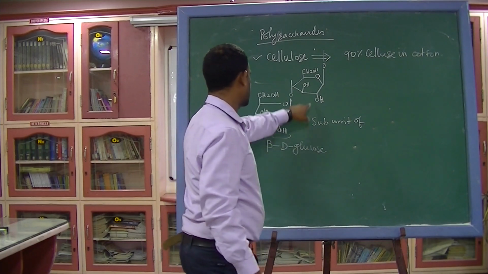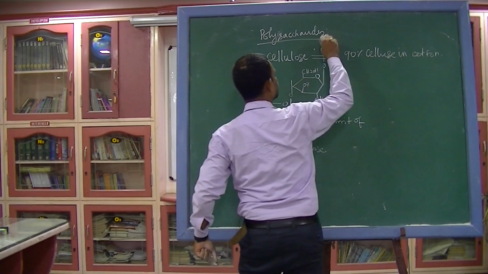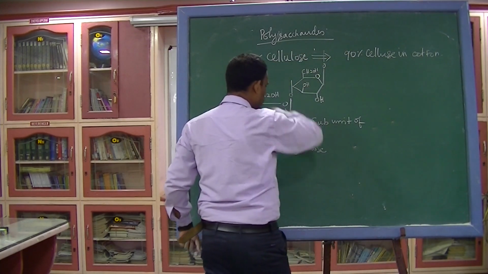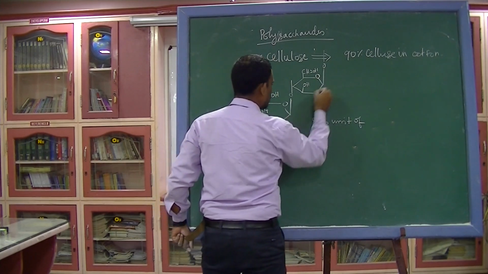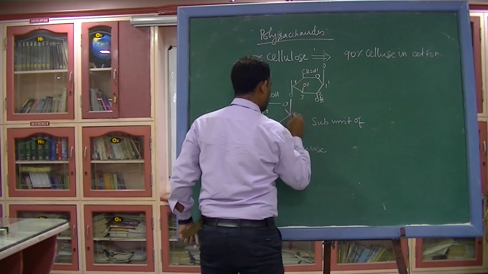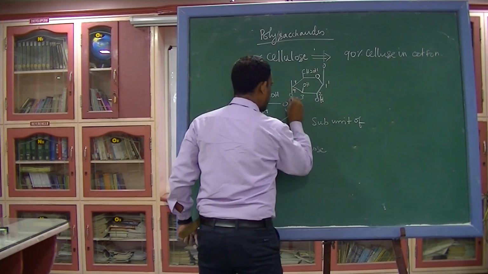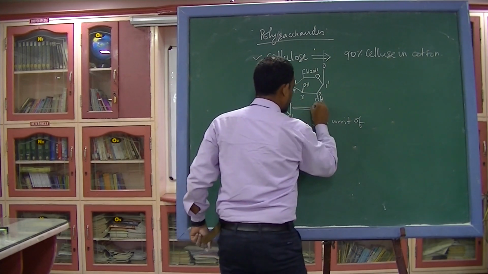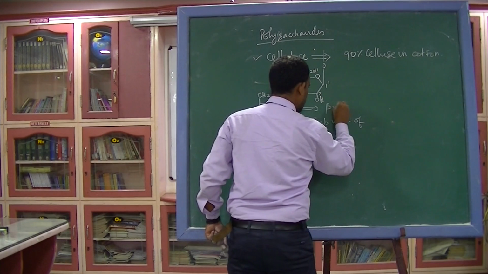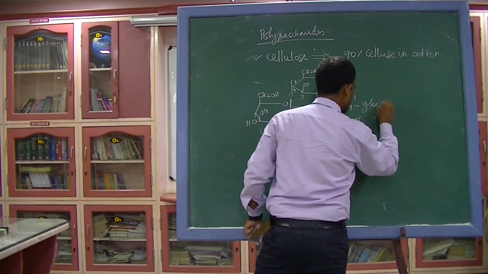Beta D glucose, and this is another subunit of beta D glucose, like this it will continue. So the linkage is again, this is 1, 2, 3 and 4. This is 1,4, am I right? But it's a beta 1,4 prime glycosidic link.